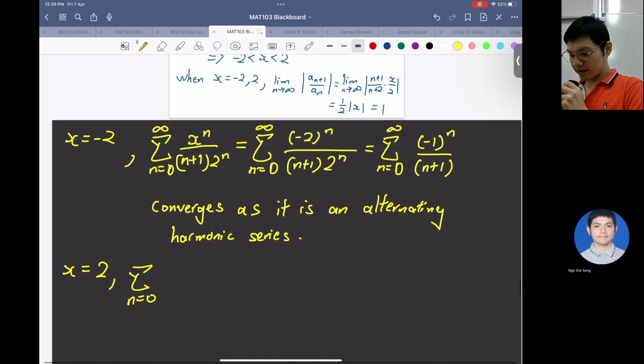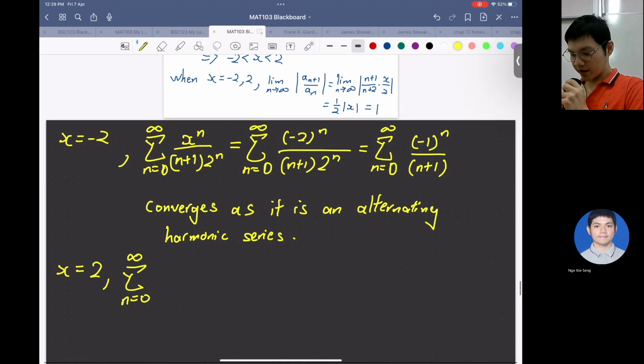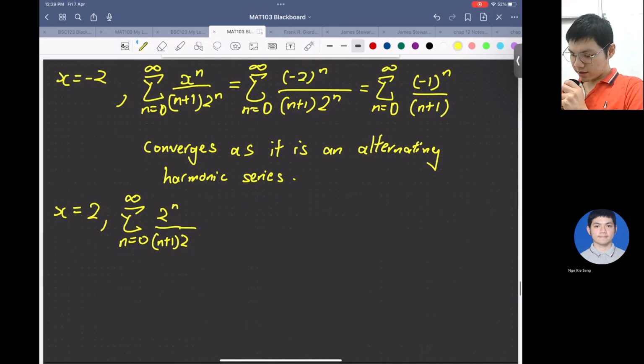No? Okay. Next, we compute what happens at x equal to 2. When x equals 2, you really get the harmonic series.